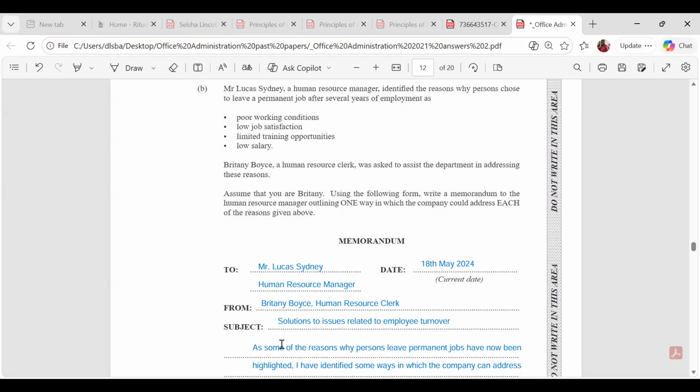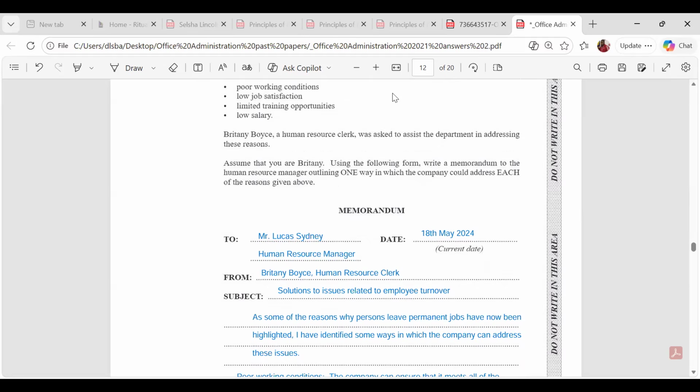Memorandums do not have salutations. So, you just go straight into the message. Everybody clear on that format, right? Yes, sir. Please do not go into the exam in May and write dear sir in all your memorandum, please. Just go straight into the message.